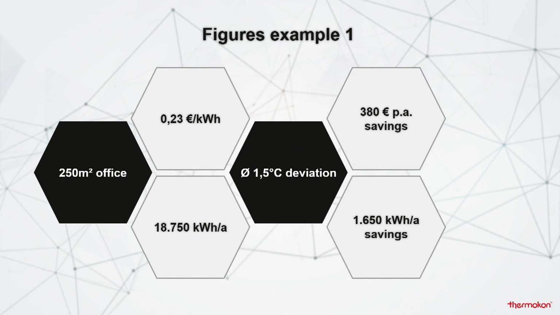This 380 euros that you could save is not the general savings you would gain by installing an IoT application, just the additional saving on top of an already existing one. Even if you scale this to a bigger project, such as a bigger office, you see that the annual savings increase step by step. We hope this figure makes clear how our initial question could be answered. Thanks.